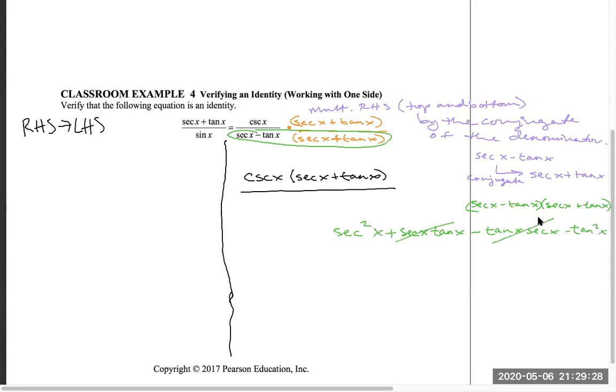So these terms cancel. We have secant squared x minus tangent squared x.